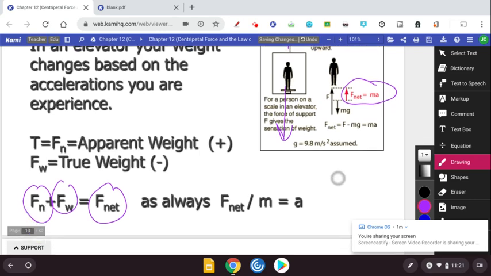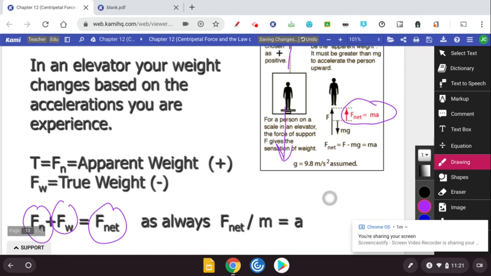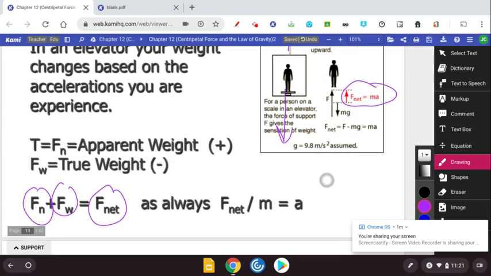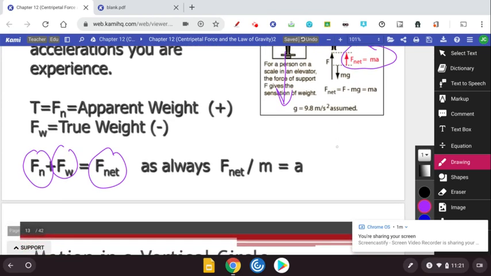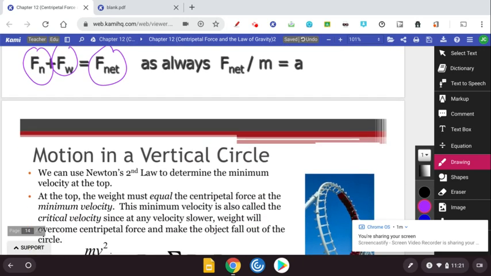And so we see that when they are accelerating upward, they have a greater apparent weight. When they're accelerating downward, they have a smaller apparent weight. When they are moving at a constant velocity, up, down, or not moving at all, their apparent weight and their actual weight are going to be the same. Keep that in mind when we move into vertical circles here.